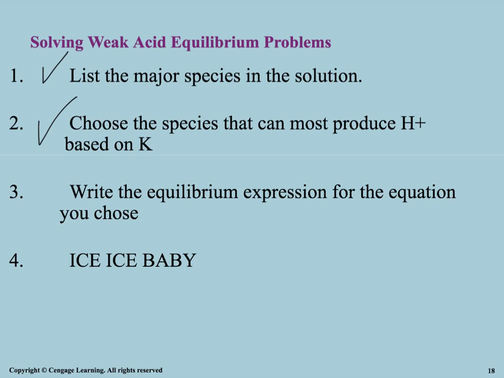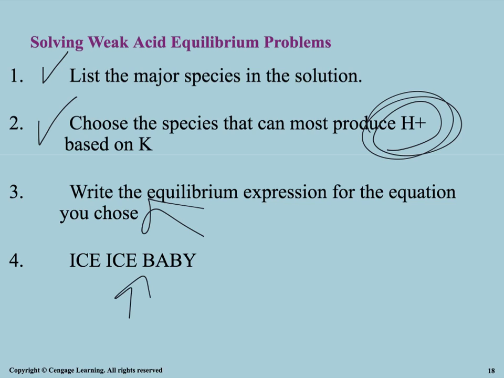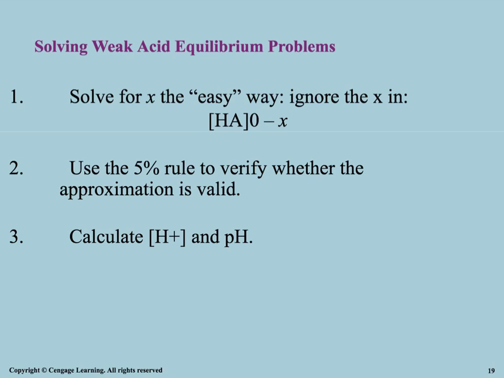If one of them is a very strong acid and one of them is a very weak acid, well, a strong acid is going to be the one to contribute the most H pluses. And so for the weak one, we will not care. Equilibrium expression, ice it. Don't forget the easy way of ignoring the X.